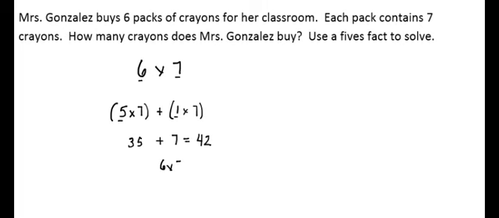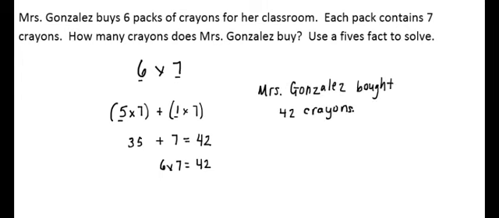Therefore, 6 times 7 is 42. The final answer then is Mrs. Gonzalez bought 42 crayons.